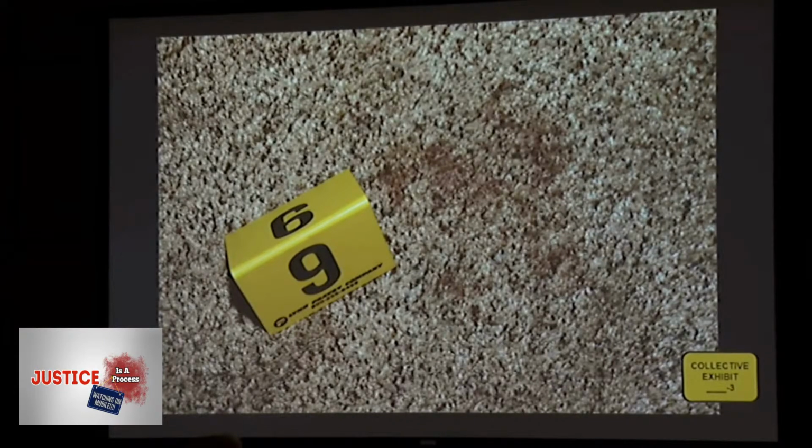And for context, ma'am, that square came from where in this photograph? The threshold piece came from right here, and the other piece was over here in this area.